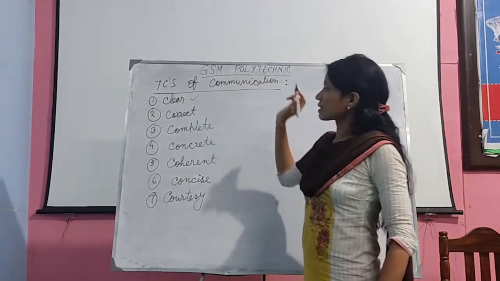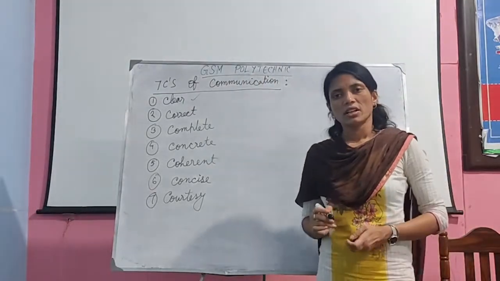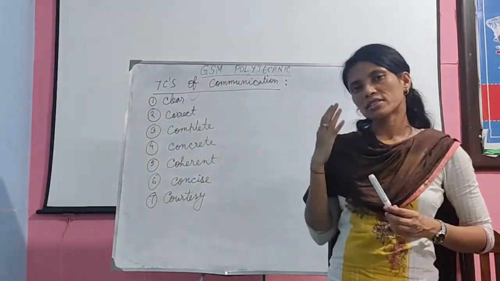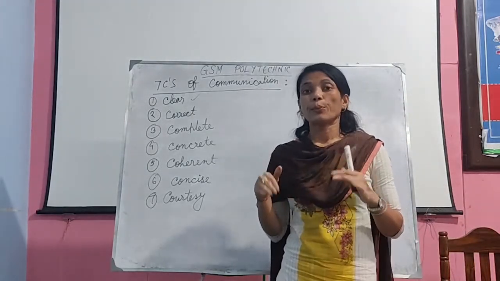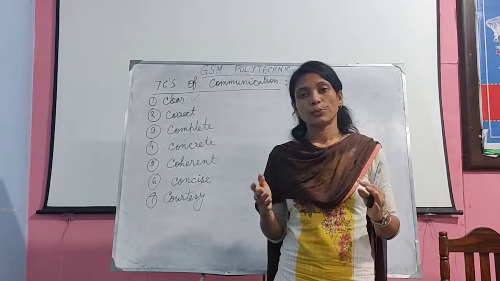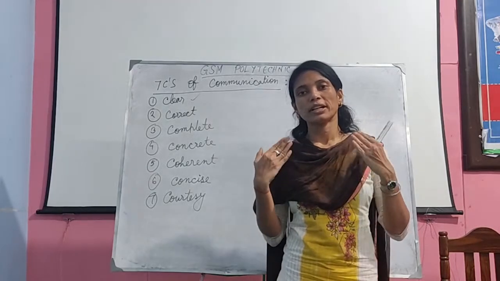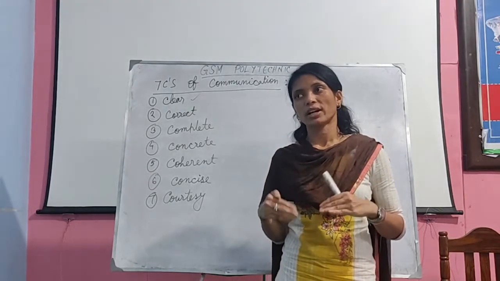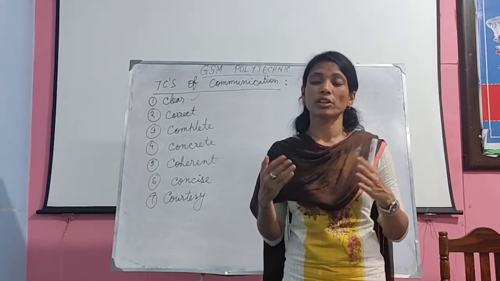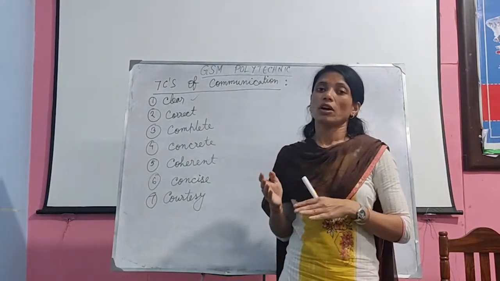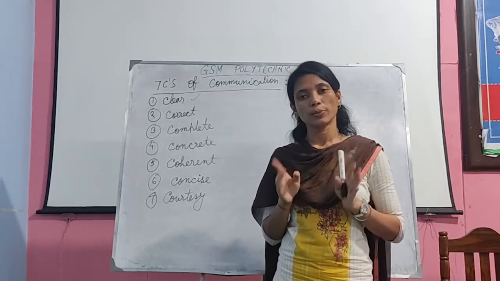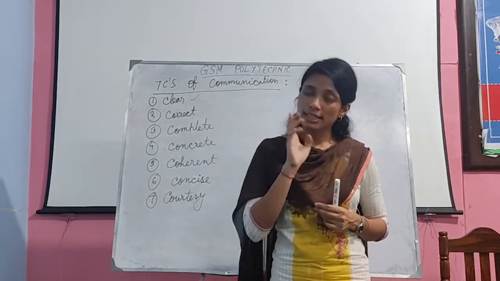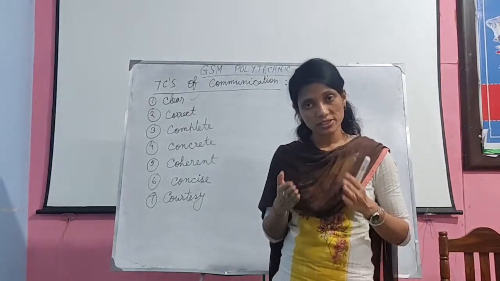Number 1, this is clear. From this very word it is clear to you that you have to be clear. To be clear means whatever you are representing, whatever you are trying to inform, all of that must be clear. Your message, your information should be clear to the receiver.